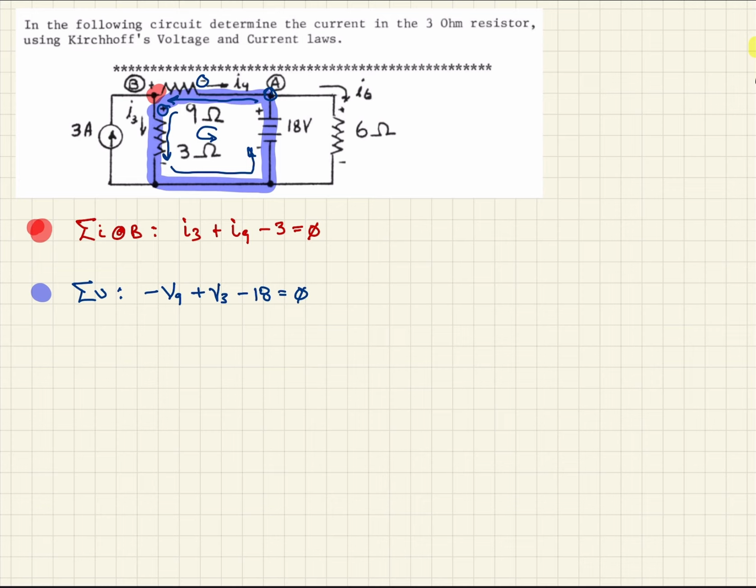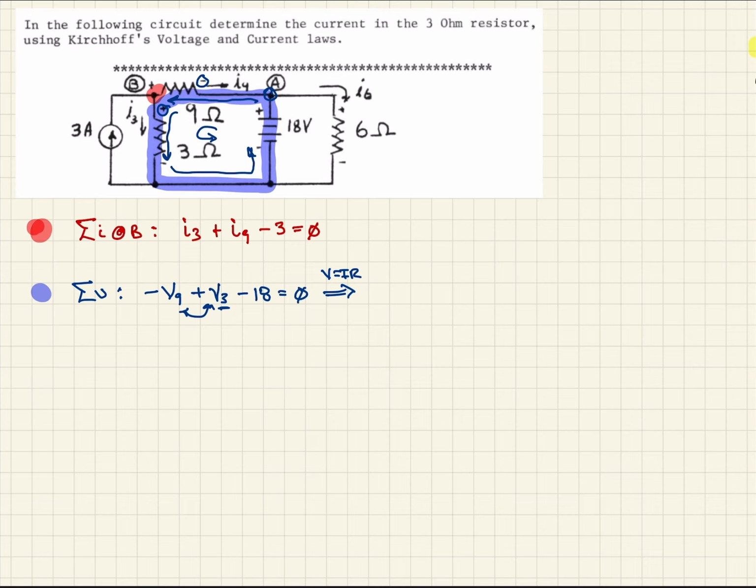So now I'm going to invoke that V is equal to IR, Ohm's law, and so I'll transform this equation. And I'm going to rearrange the values. In other words, just swap these two to put the 3 ohm component first. So V3 then is equal to IR.